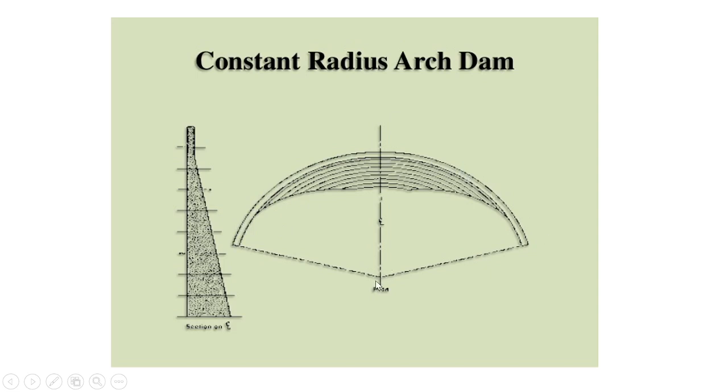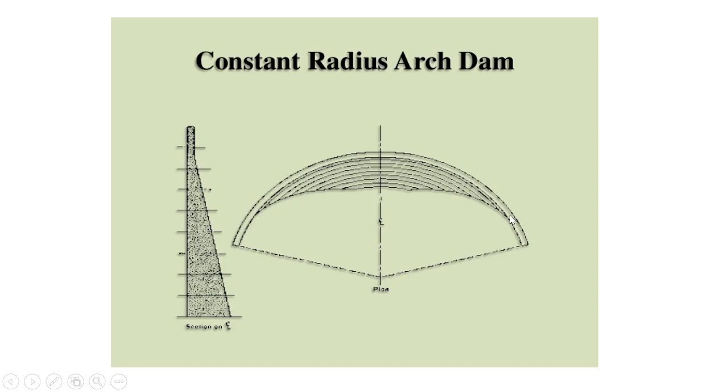Then for a constant radius arch dam, the radius to this upstream face at every place will be the same. This radius will be the same here also, and here also, everywhere the radius is the same.